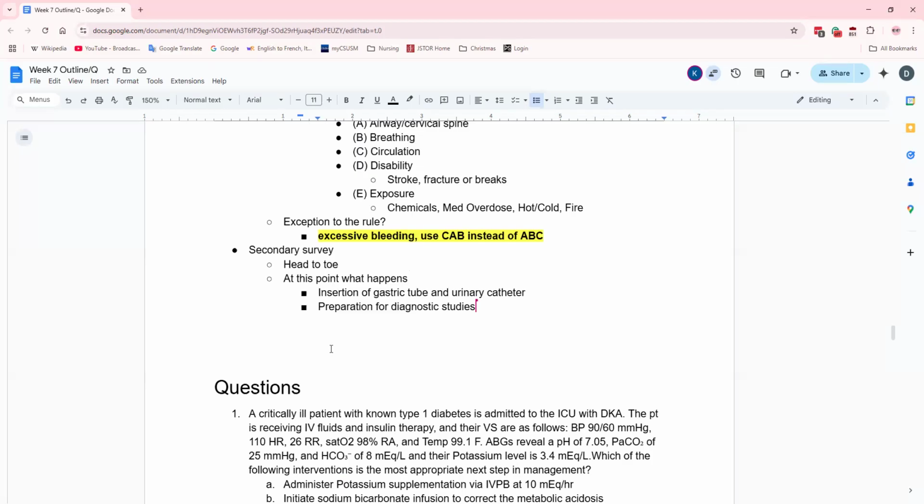You guys really need to know how to prioritize these patients. So the categories would be very important for you: emergent, urgent, non-urgent, and expectant. Knowing how to prioritize who you are going to see first is going to be something very major for you guys. As you saw in your lecture, you had a lot of questions like, who would you see first?